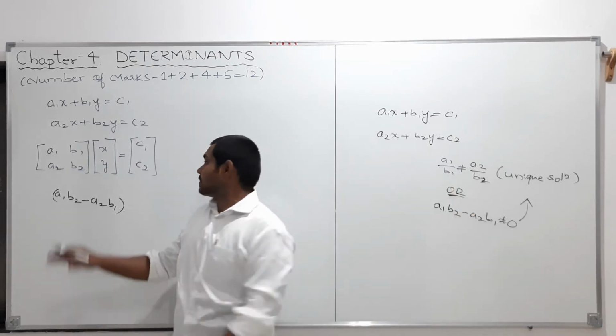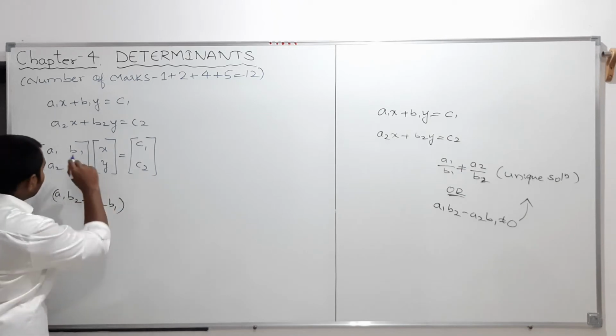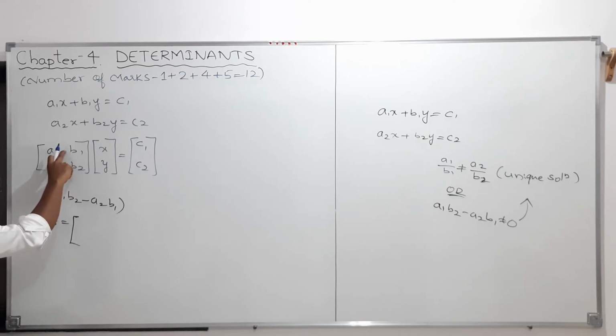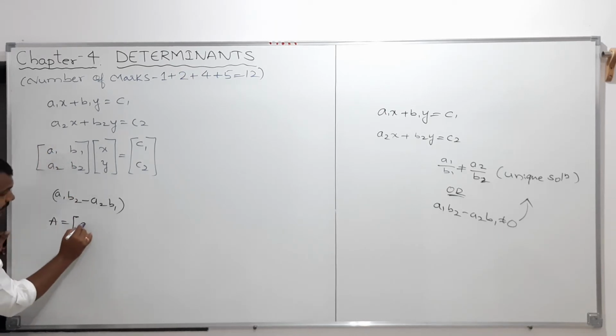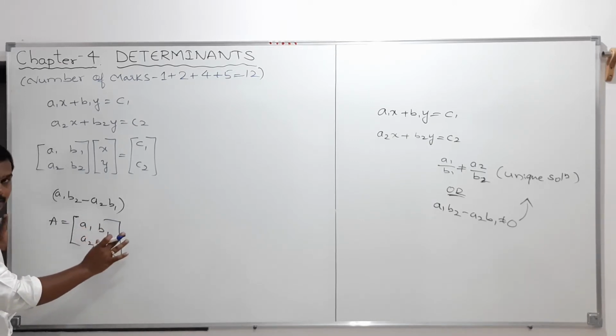The same concept I am using here for any given matrix, my dear students. For any given matrix, let us take the matrix A is equals to a1 b1 a2 b2. This is a square matrix, clear?